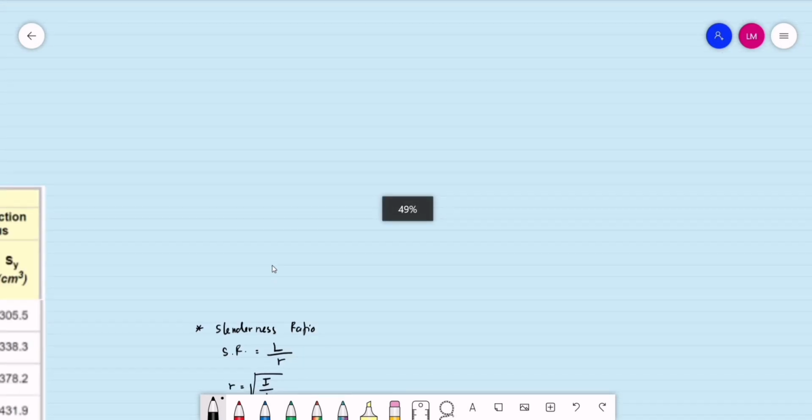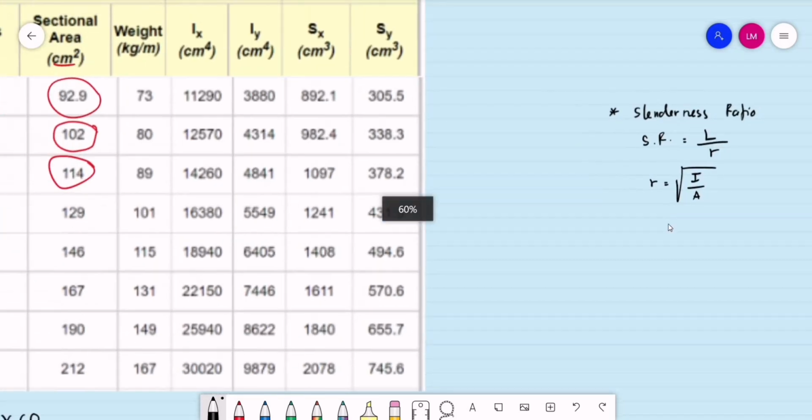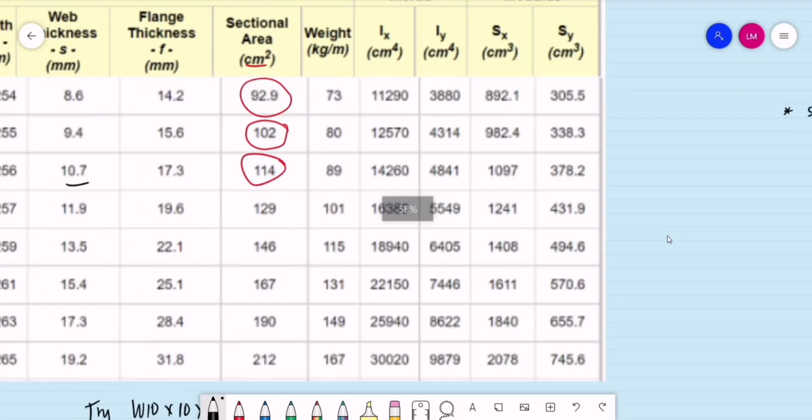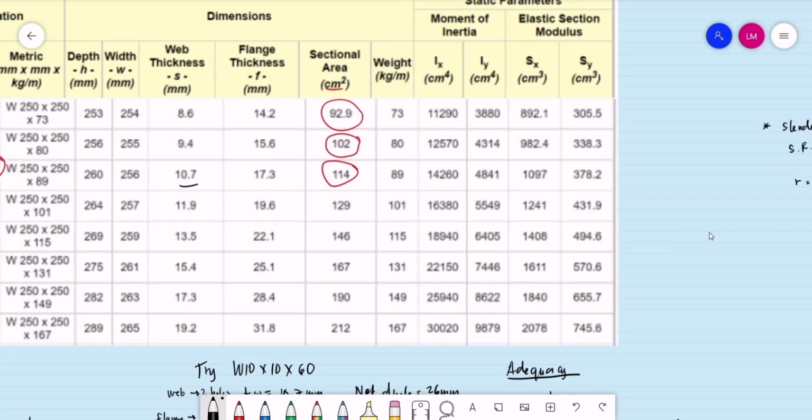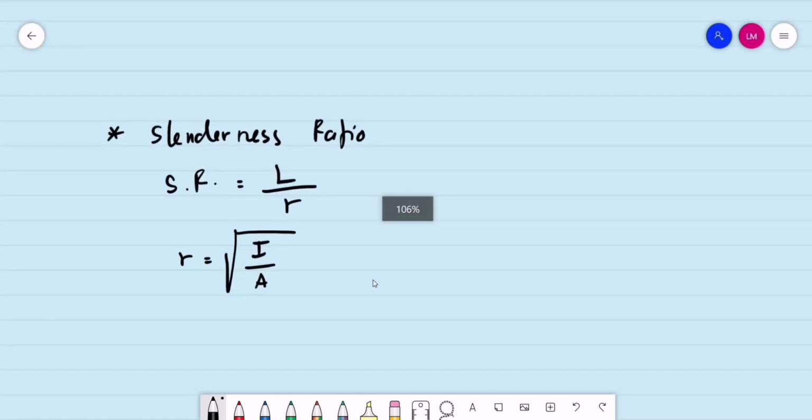In some tables, the radius of gyration is already available. But if it's not available, we can compute that value. Then, to be stable, based on AISC, the slenderness ratio, the length over r, should be less than or equal to 300.